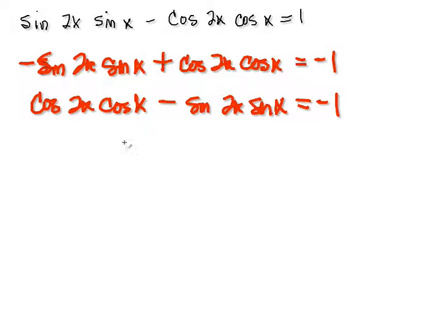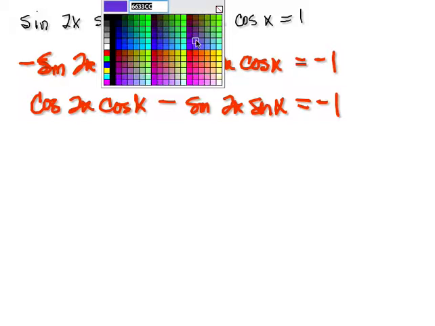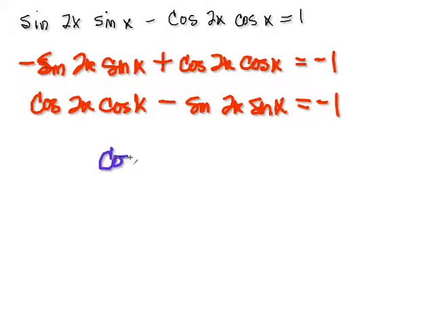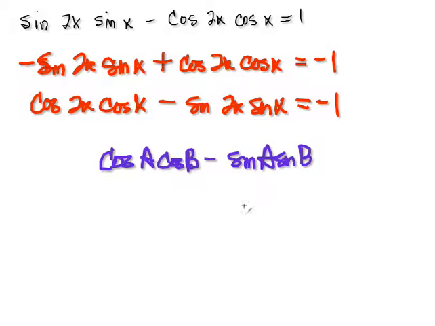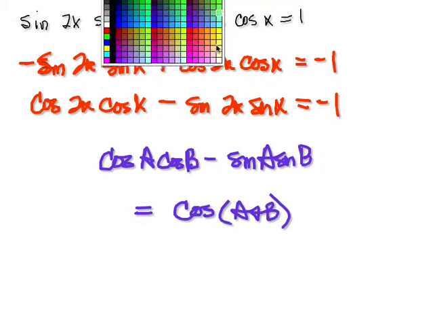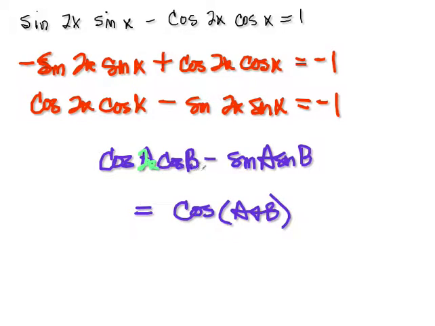All right, now look at this. This is really just the cosine of A, cosine of B, minus the sine of A, sine of B. I know that this is going to equal the cosine of A plus B, right? Cosine of A plus B is cosine A, cosine B minus sine A, sine B. And watch what I have here: A is 2x, B is x.